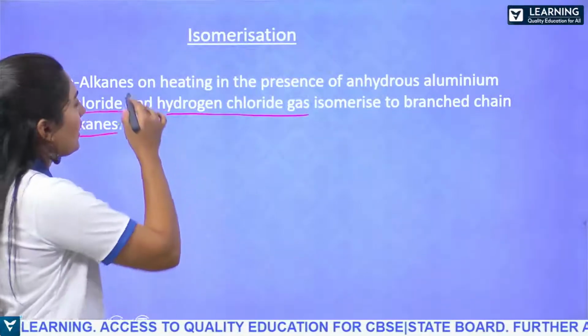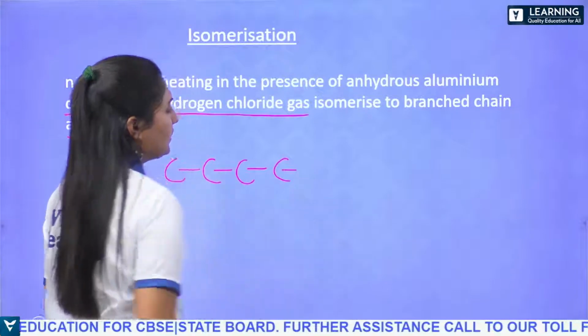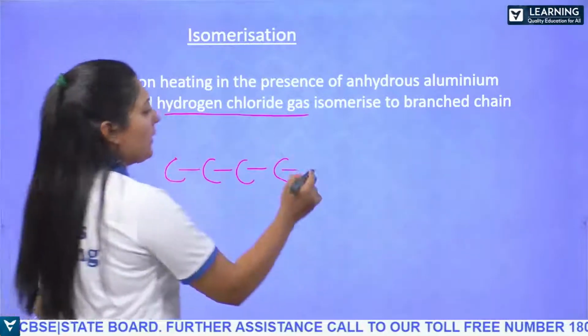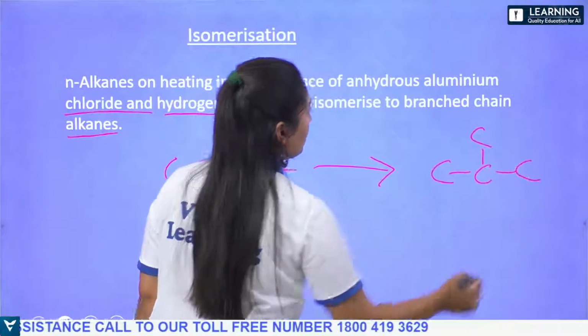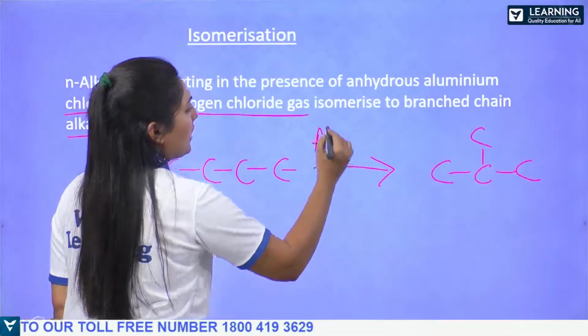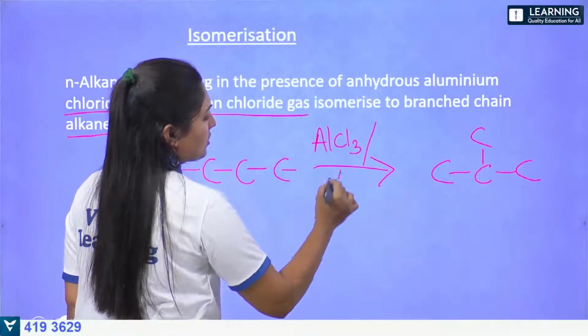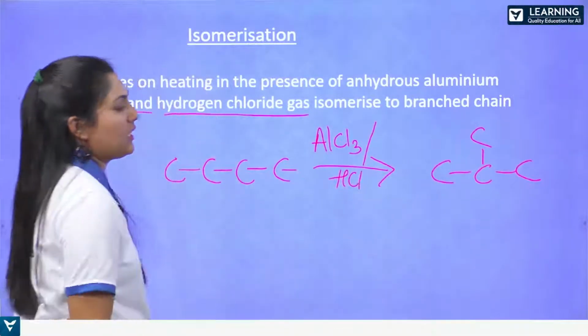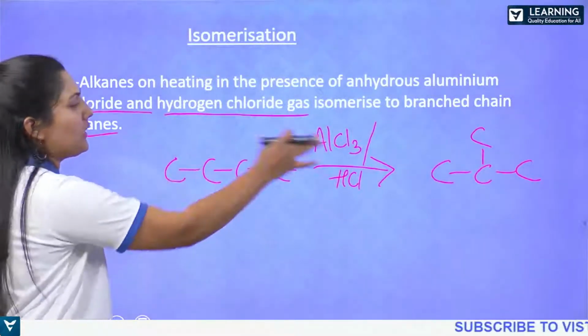That means the continuous chain will be converted into a branched chain using anhydrous aluminum chloride in presence of hydrochloric acid or hydrogen chloride gas. So this is what takes place.